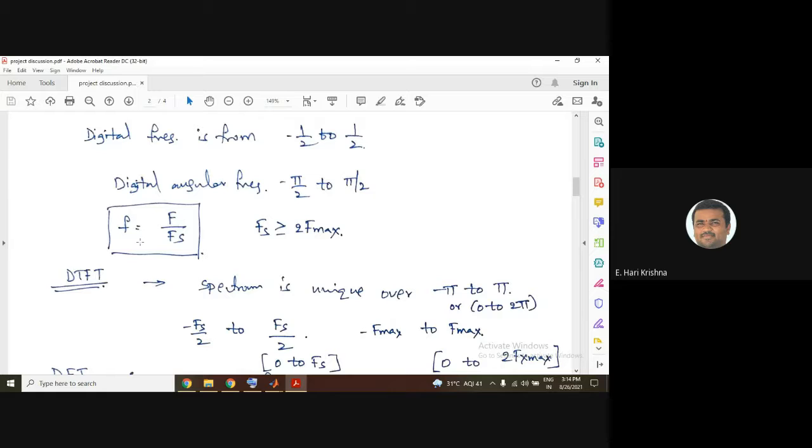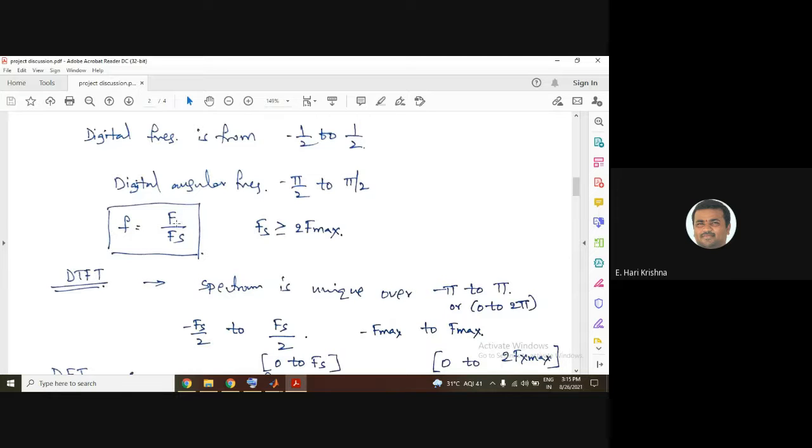According to the Nyquist theorem, sampling frequency should be greater than or equal to 2 f max. It may be 3 f max, 4 f max, 5 f max, and so on. If I substitute here, f is equal to capital F divided by fs.